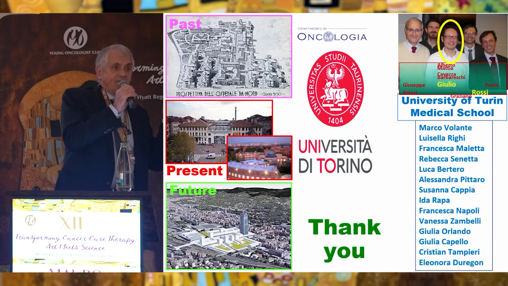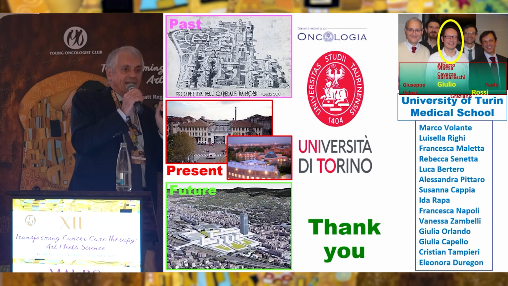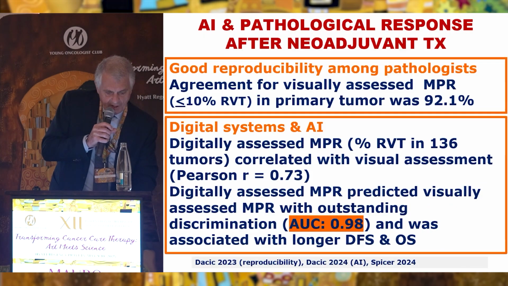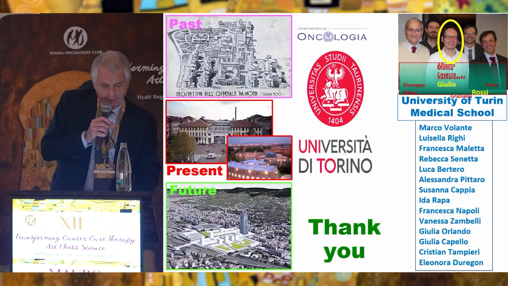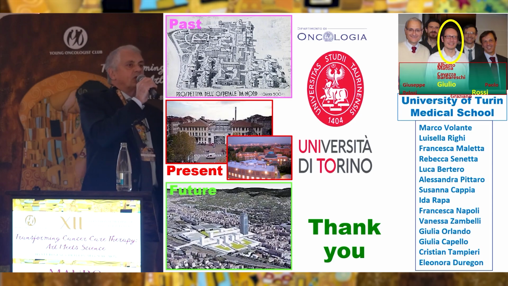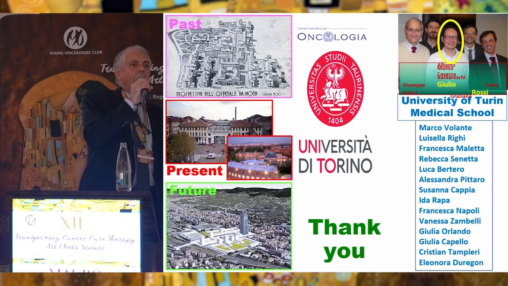Paul Hofman in Nice, France, has done a very beautiful study in which he taught the machine to classify neuroendocrine tumors. The machine was perfect. Where was the problem?